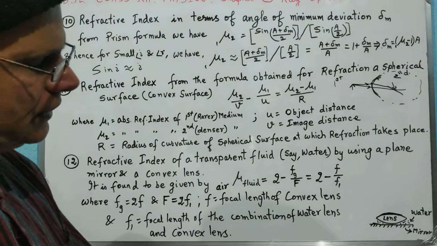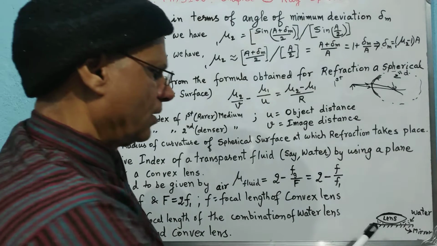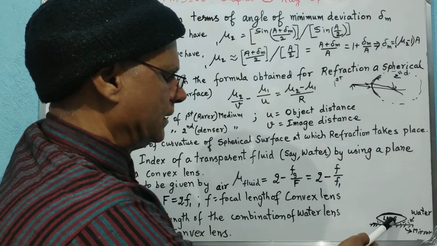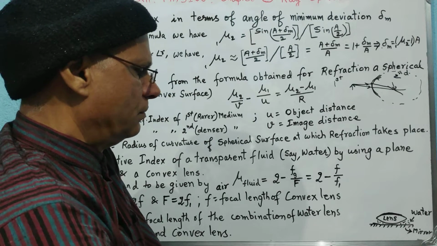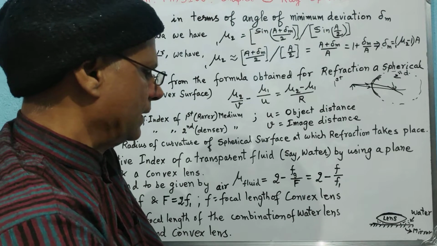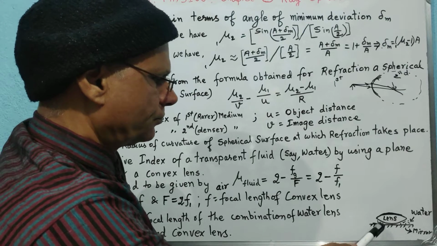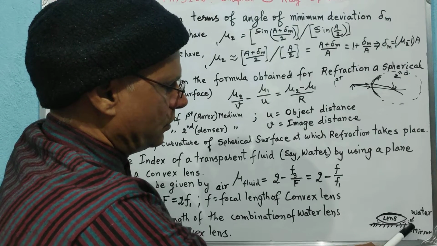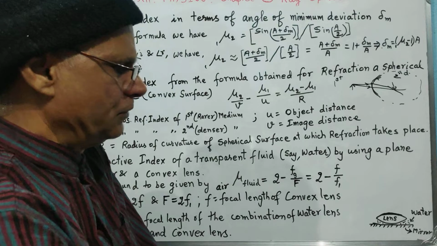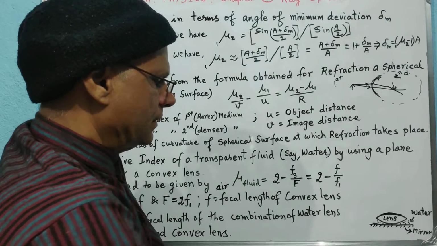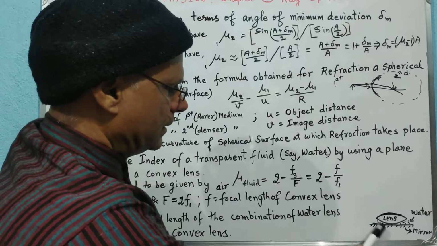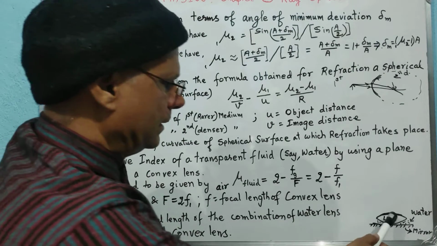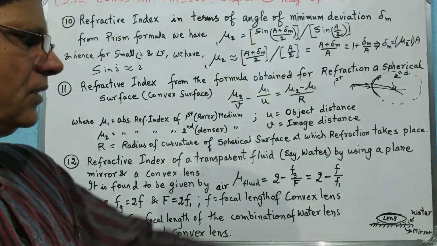What we do in this experiment is we take the lens alone and find the image of an object formed at its center of curvature. Then we place some water on the mirror upon which the lens is placed, and again find the center of curvature for this combination of water lens and convex glass lens.